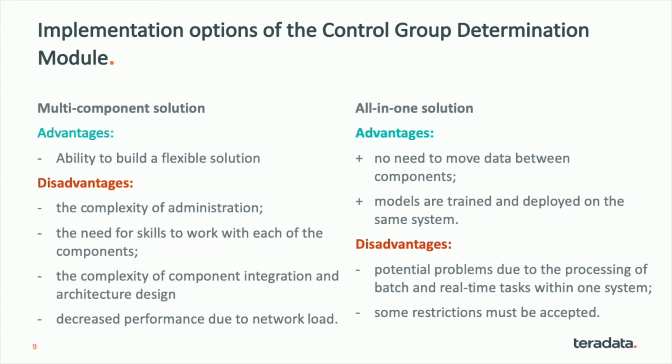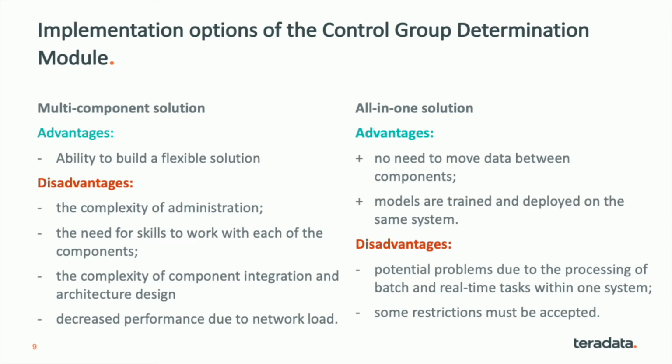We don't need to move data between components. It decreases the load on the network and increases our performance. It's very important for us because, as Alexei previously mentioned, we must meet an SLA of about 1.5 seconds. As for disadvantages, I'd like to mark two.